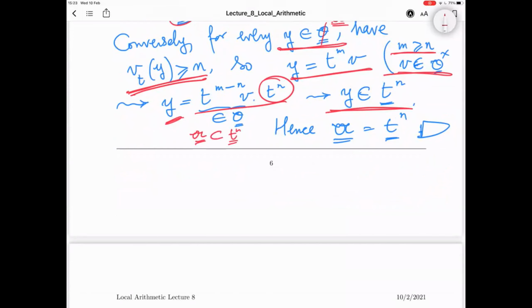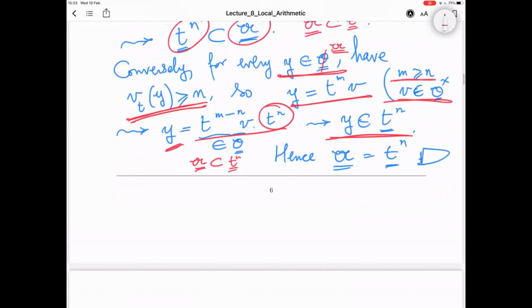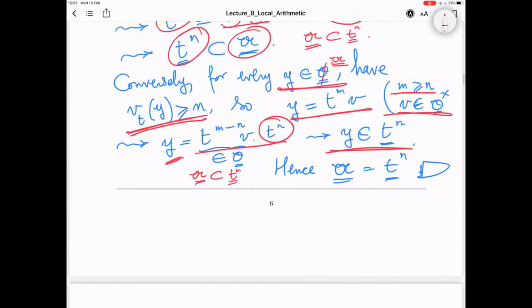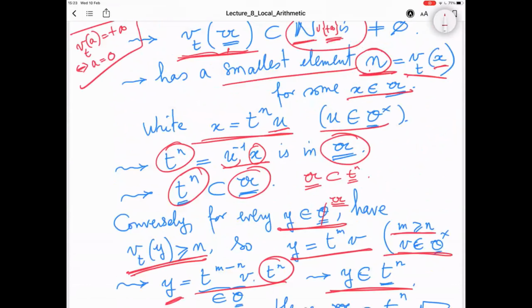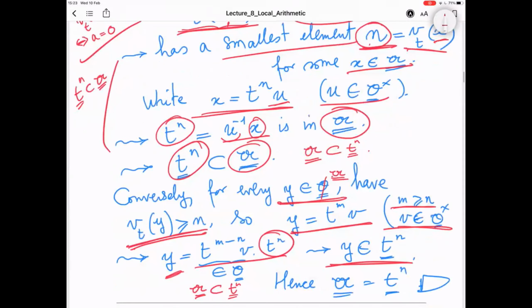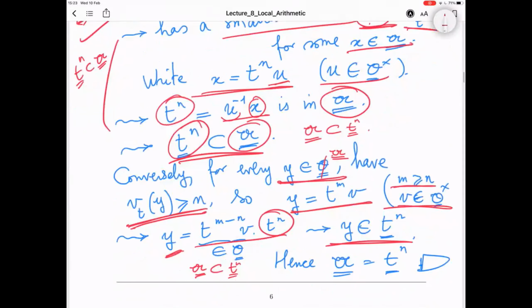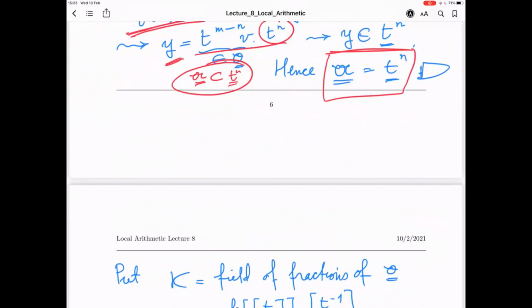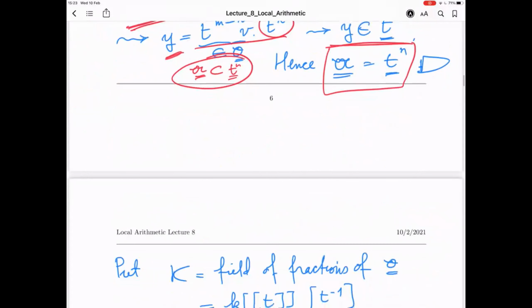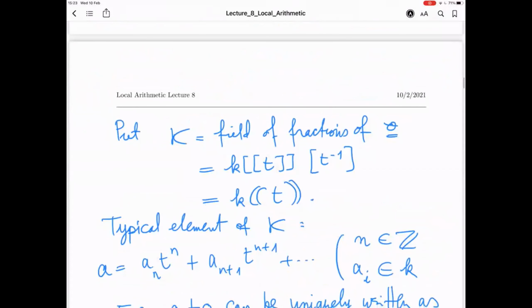And since I have already proved that t to the n is contained in the ideal A, here it was, and now we have proved this, we get the equality of these two ideals. Okay? Fine.